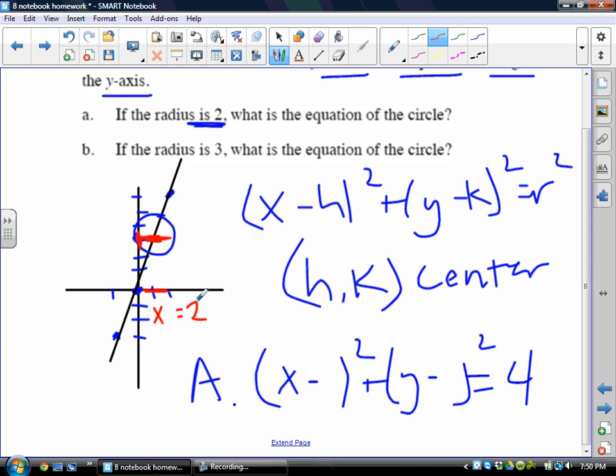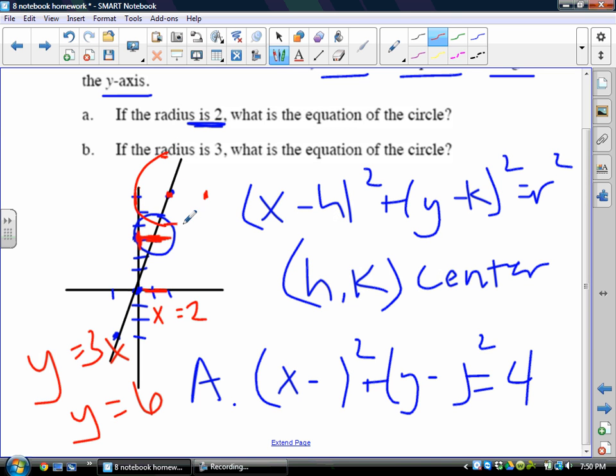Maybe my circle isn't drawn big enough. If x is 2 in my equation y equals 3x, then y has to be 6. So in this case, here is what my circle should be. My radius is 2, here's 2, about 2, about 2.